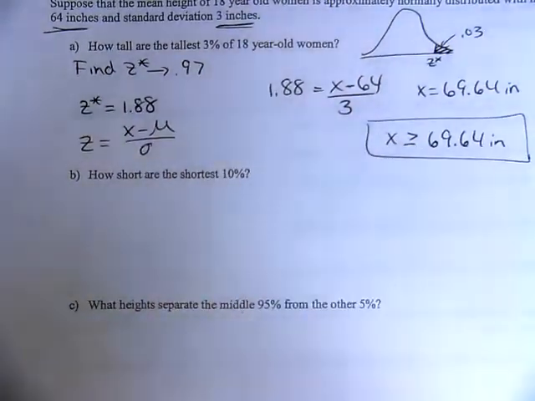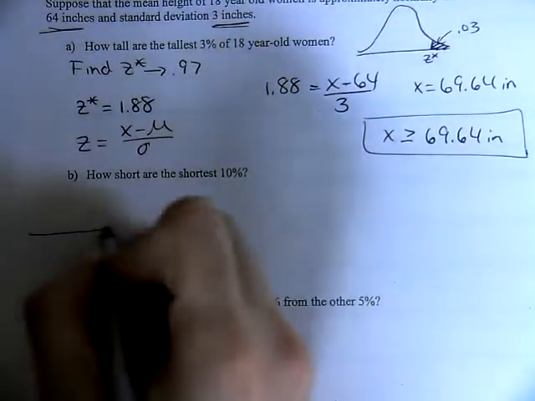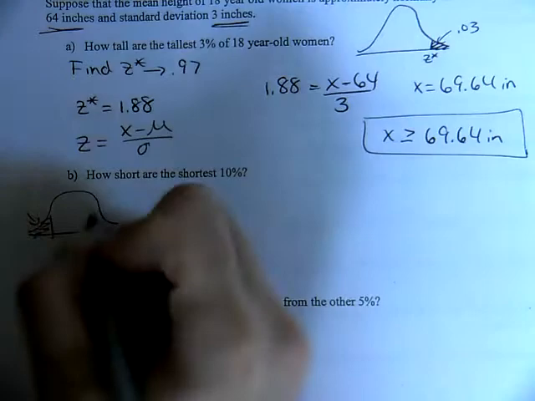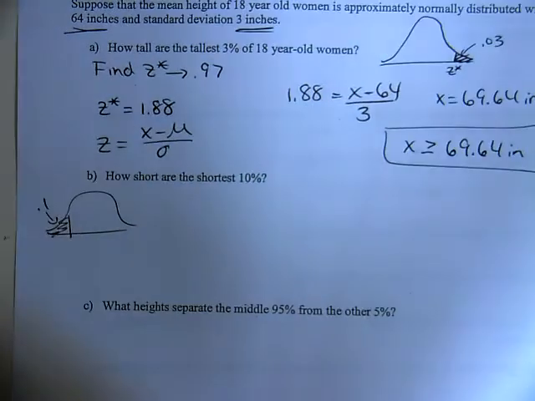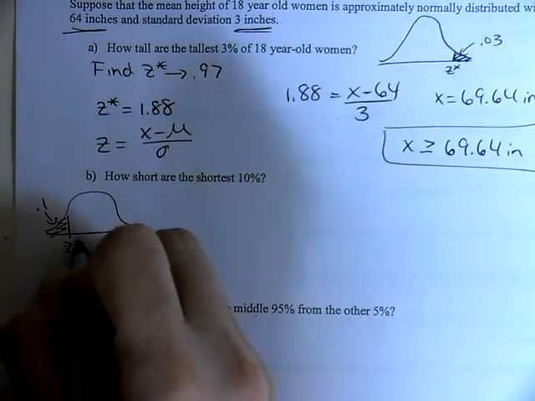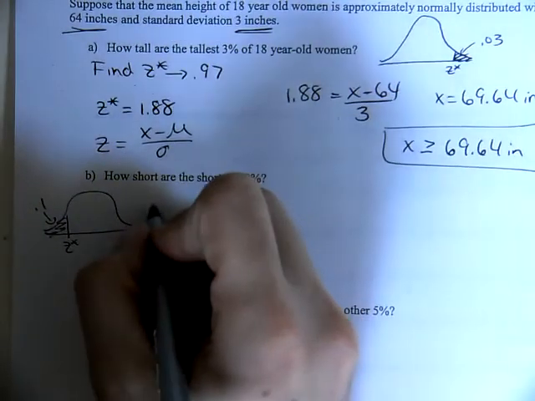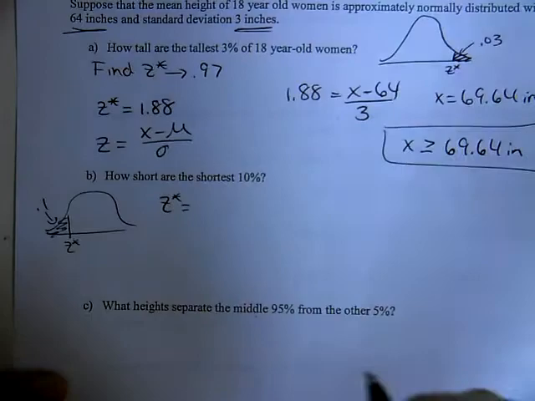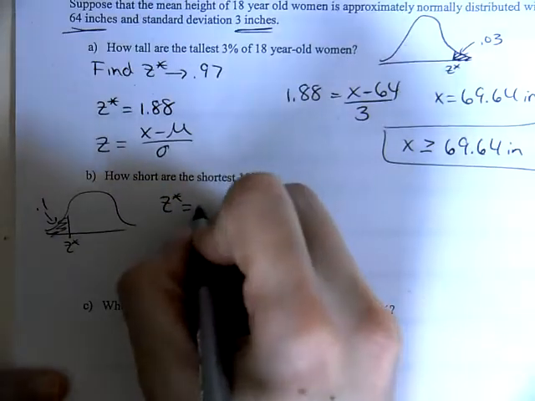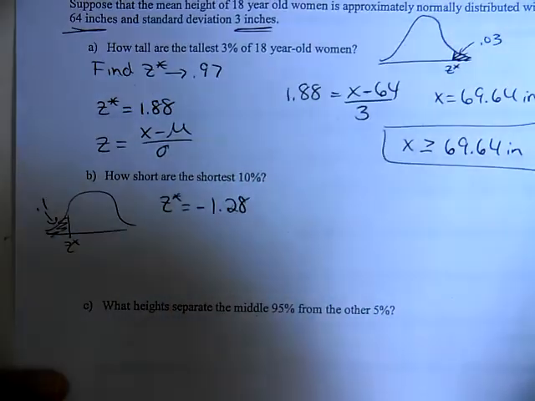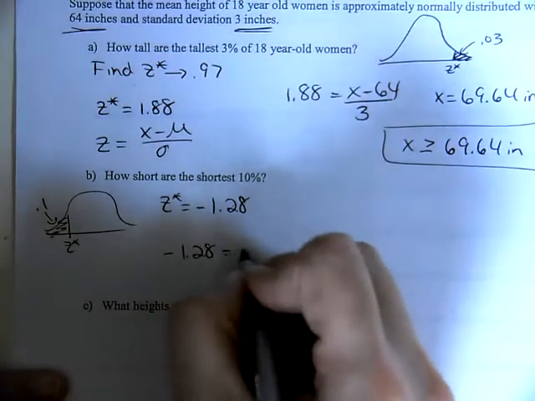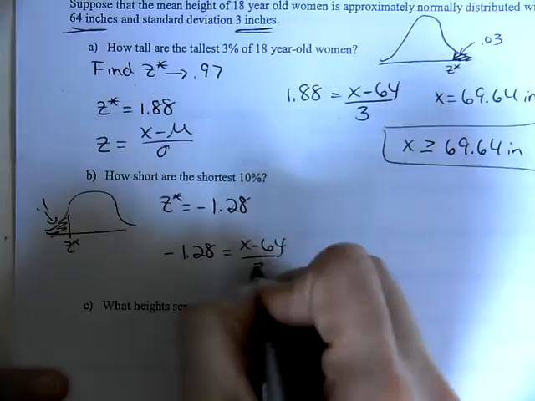How short are the shortest 10%? Again, we're looking at the lowest 10%, so we have to find the Z star. So I'm going to look in my table. I want to get as close to 0.1 as I can, and I get negative 1.28. So you're going to do negative 1.28 equals x minus 64 divided by 3.